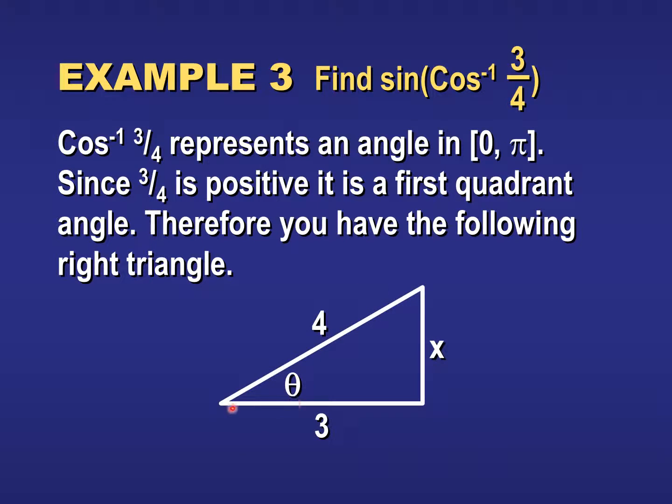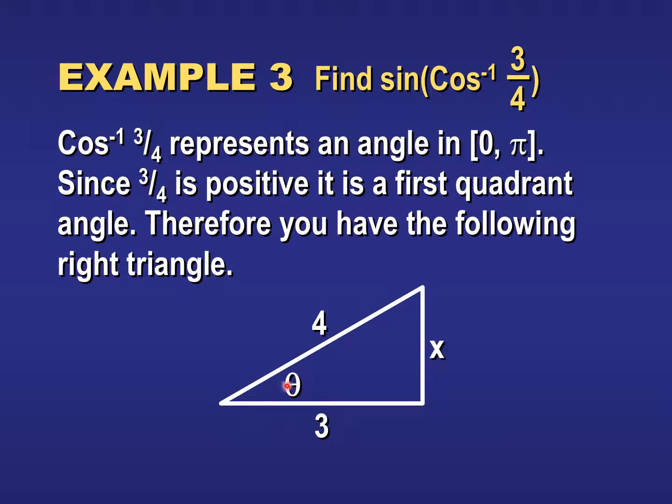Here's the adjacent, the 3, and here's the hypotenuse, 4, and here's our unknown angle. So here's our triangle, and we want to find the sine of this angle. So again, we use the inside to build our triangle. Now we want to take the actual operation on the outside, the sine.